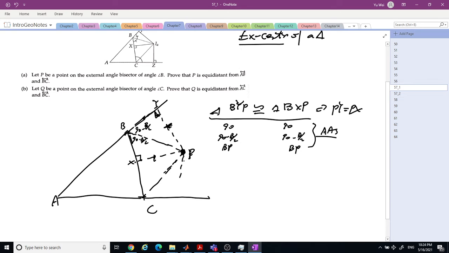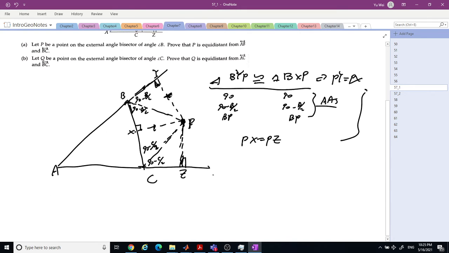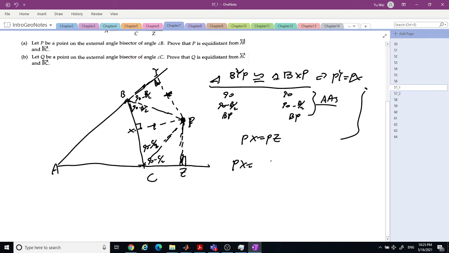Okay, so the same reason, this is the Z. So this is the 90 minus C over 2. This is the 90 minus C over 2. The same reason you can prove the PX equals PZ. Now combine them together. You can prove the PX equals the PY equals the PZ. Okay.